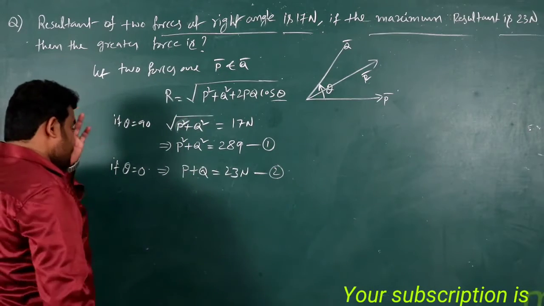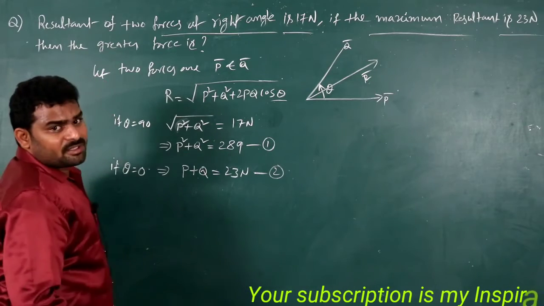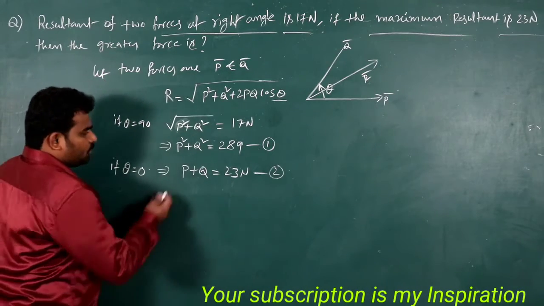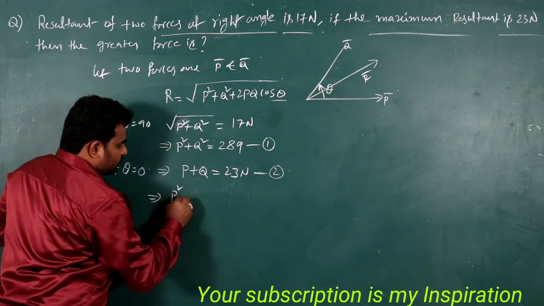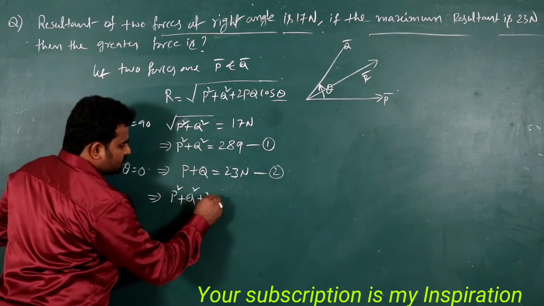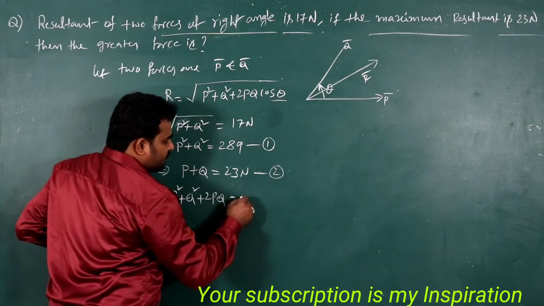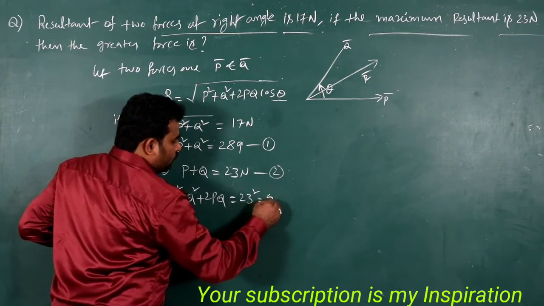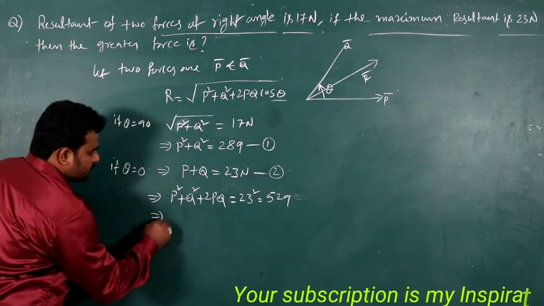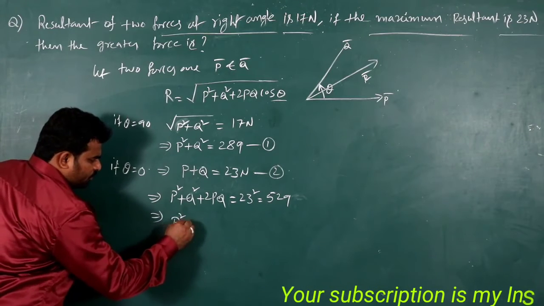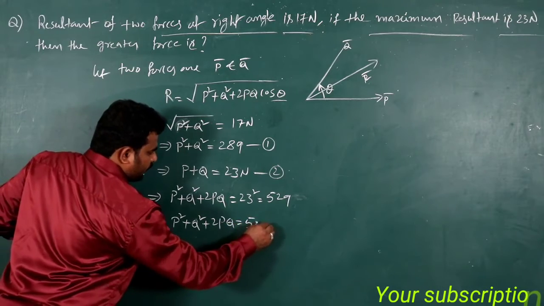From these two equations, we have to find out P and Q, and then by comparing, we'll decide which one is the greater. That is the procedure. So, squaring both sides, we get P square plus Q square plus 2PQ is equal to 23 square. 23 square is equal to 529. From this, we got P square plus Q square plus 2PQ is equal to 529.